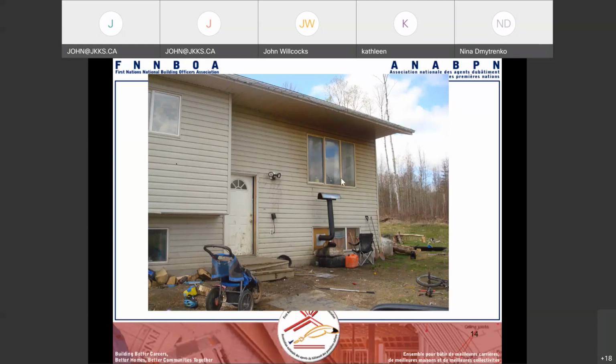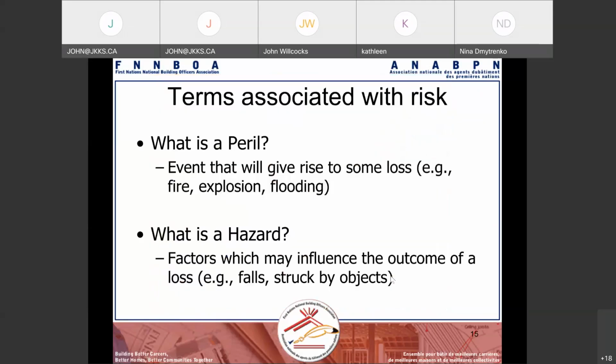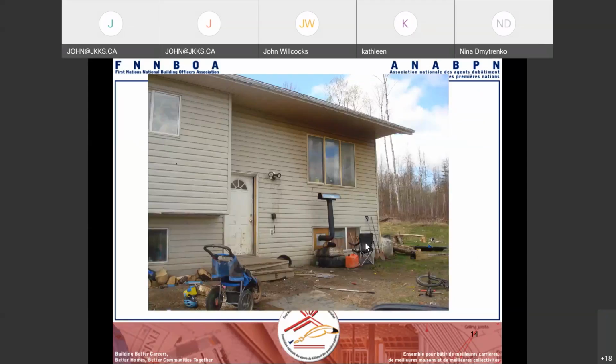If you're standing here, if the wind's blowing here, there's a good chance you're going to be taken in, or if that door is open, the smoke can go back in. Obviously, there's kids playing here, so this is a hot pipe, and they may burn themselves. So there's a number of risks associated with this heat source and the way it was installed. And again, probably no inspection, because I don't think that would pass any inspection.